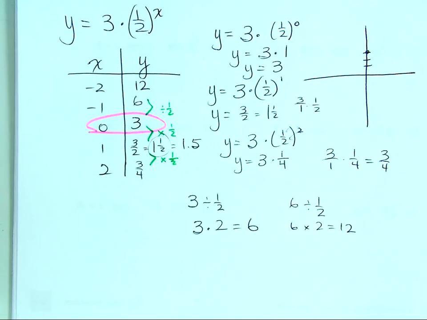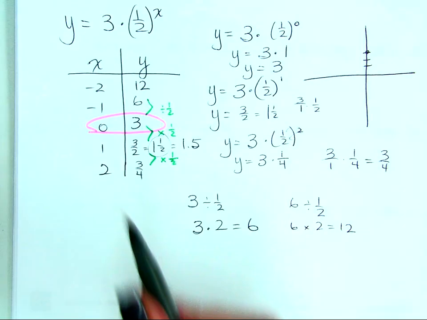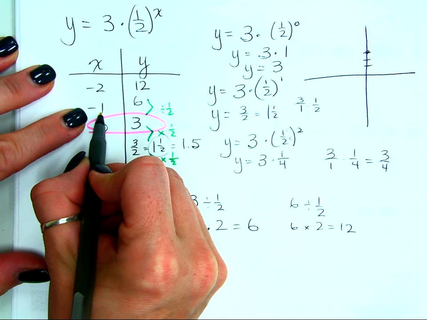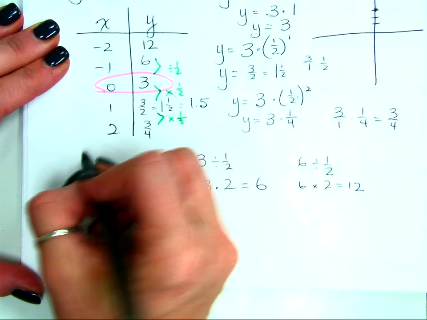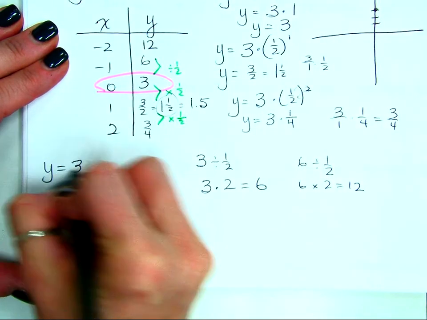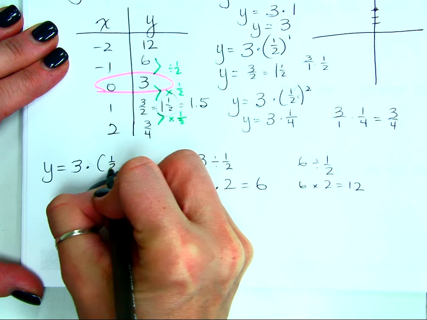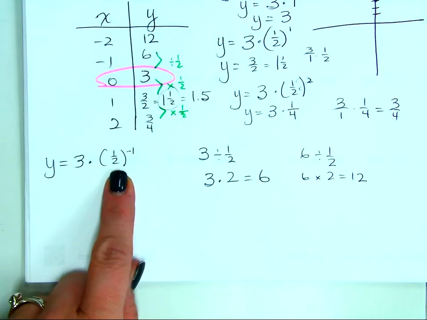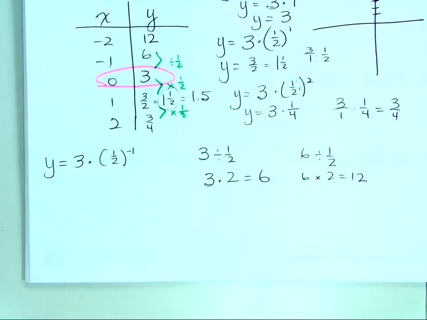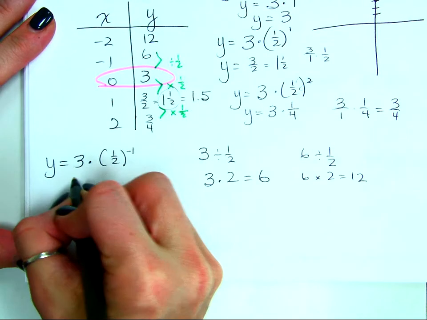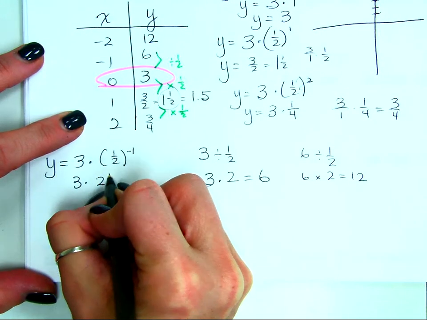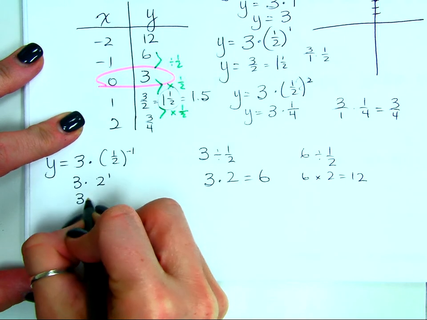If that part to you is confusing, then watch the negative exponent way. If you want to just do it the same way every time, then go for it. Take that -1, plug it in, and that's going to give you 3 times 1/2 to the -1 power. But you got to remember that little trick. You got to remember when that power is negative, you really have to flip this and make it 2 over 1 to the +2 power, which is just 3 times 2, which is 6.